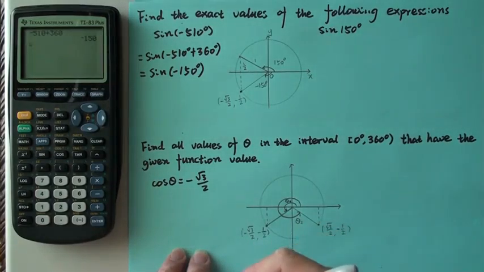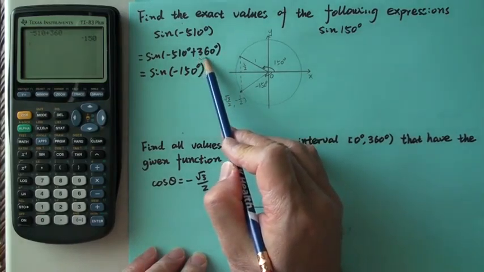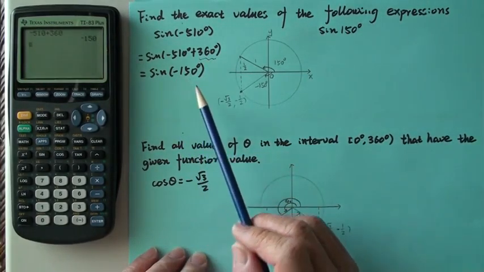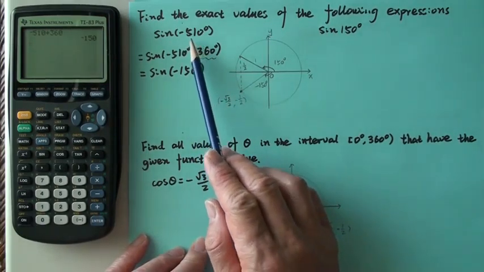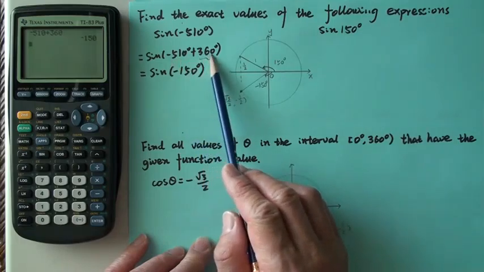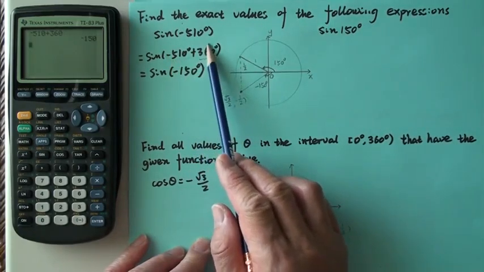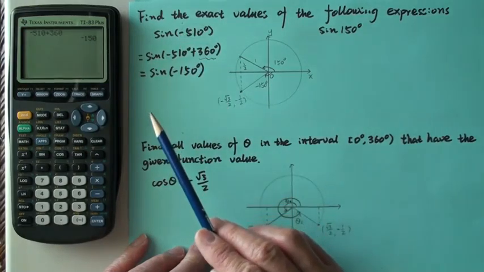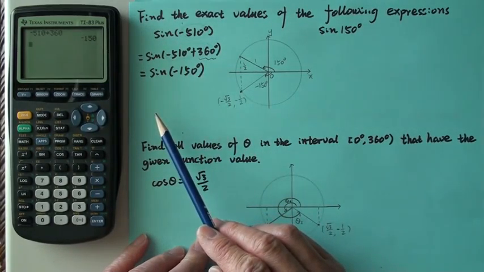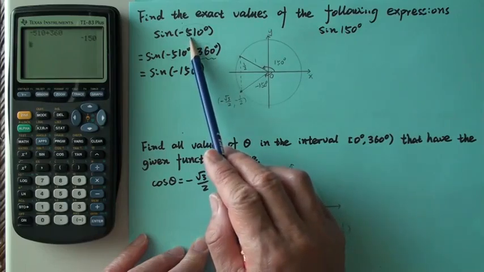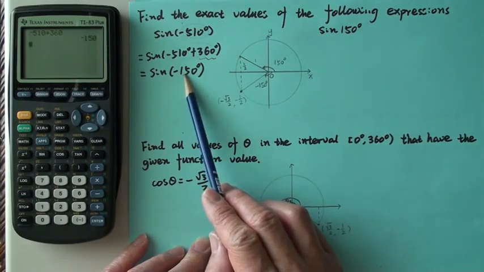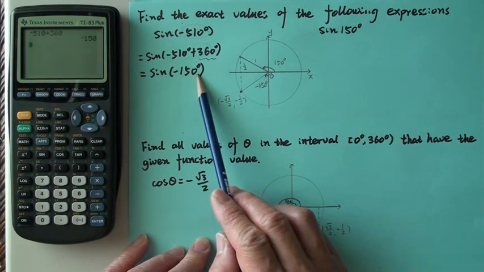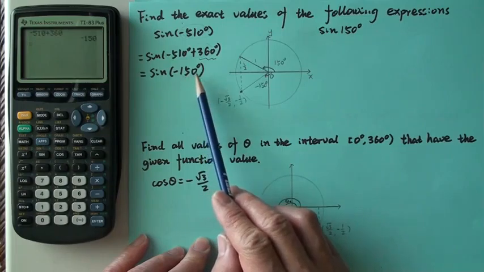The reason we do that is that we know one circle is 360 degrees. So if you add one circle, those two angles have the same terminal side. Negative 510 degrees has the same terminal side as negative 150 degrees. We know where this one is.